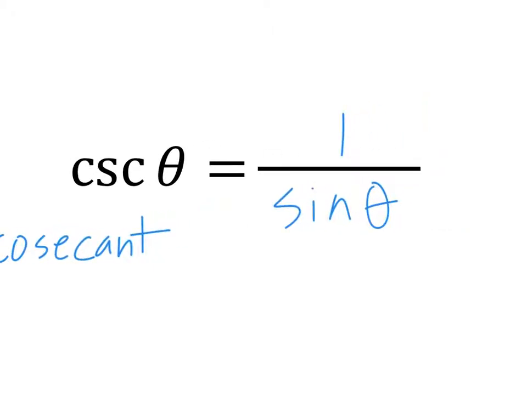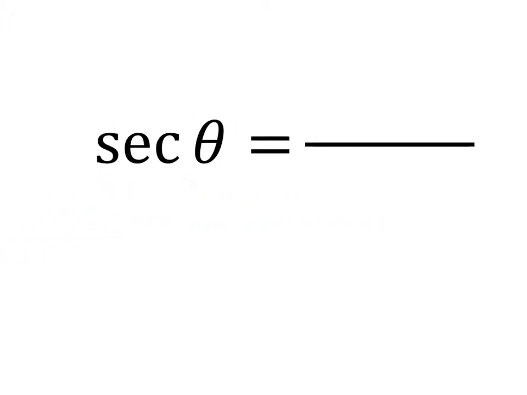Okay, we have 3 reciprocal functions. I'm saying reciprocal because remember, reciprocal means like flip it over. So you flip over the sine function, you get the cosecant function. Next one, SEC. SEC stands for secant, S-E-C-A-N-T.